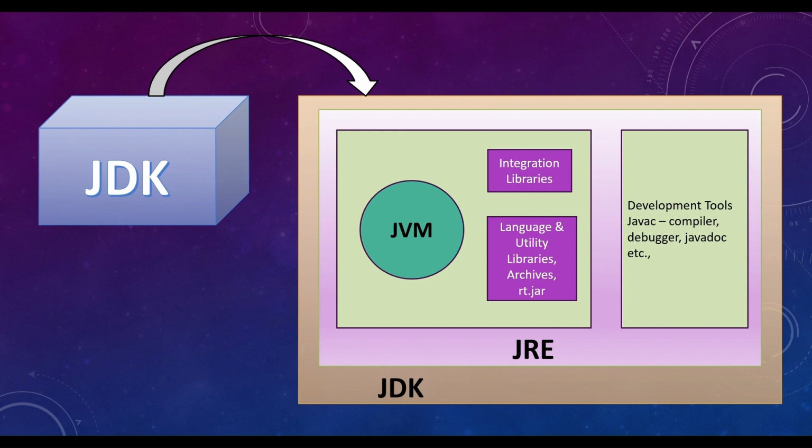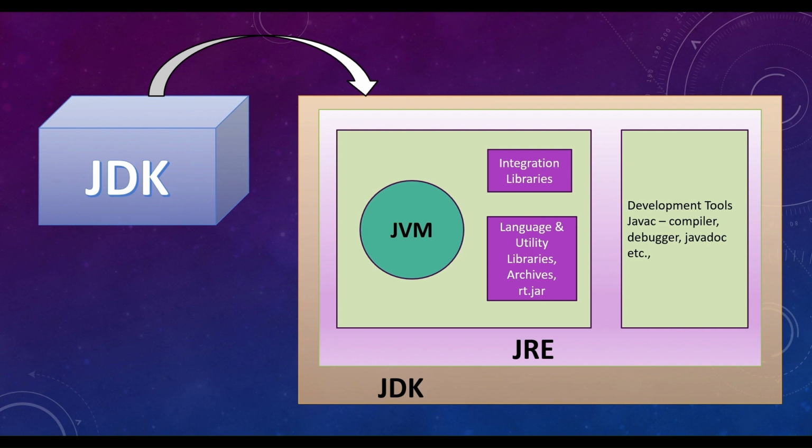It provides a runtime environment for applications to run, and it is virtual. We call it virtual because it provides an interface that does not depend on any underlying operating system. If you remember, in the previous video when we discussed the features of Java, one of the major features is that Java is a platform-independent language: you can write it once and run it anywhere. JVM is the one responsible for satisfying that feature.